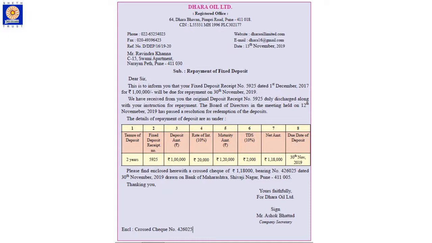That means the company secretary is writing to the depositor 15 days before the due date or maturity date, and he is updating about the receipt number and the amount of deposit.